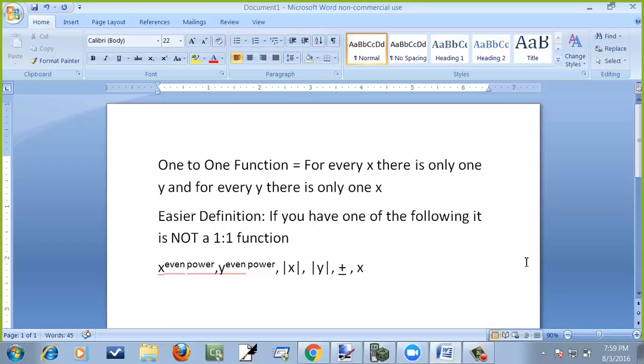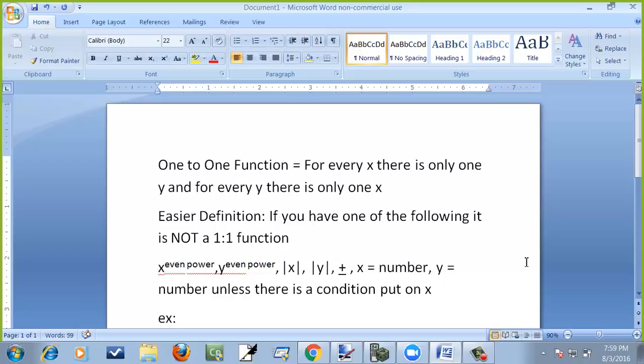If you got x is equal to a number, or y is equal to a number, like x is equal to 3 or y is equal to 5, then it's not a one-to-one function. Unless there is a condition put on x.